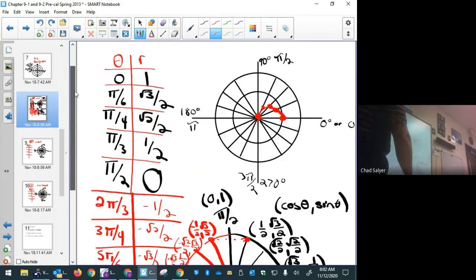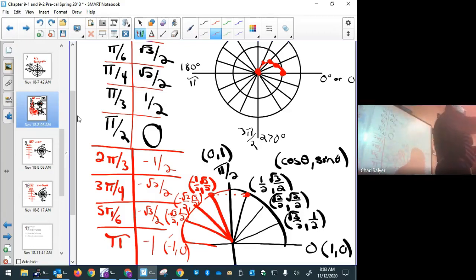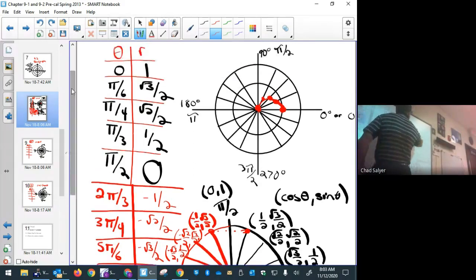So if we start putting in these values, 2 pi over 3, remember how negative radial arms work? They go away from the angle. So if I come over here to 2 pi over 3, I need to go negative 1/2 units.